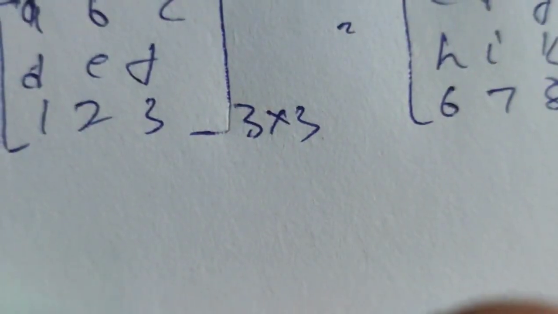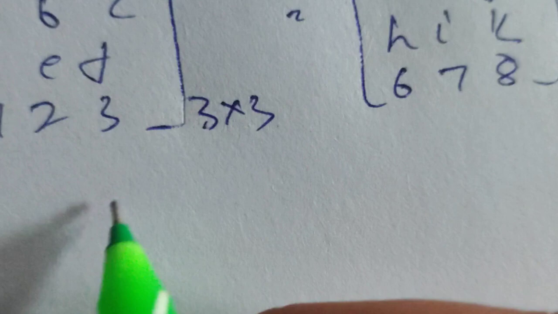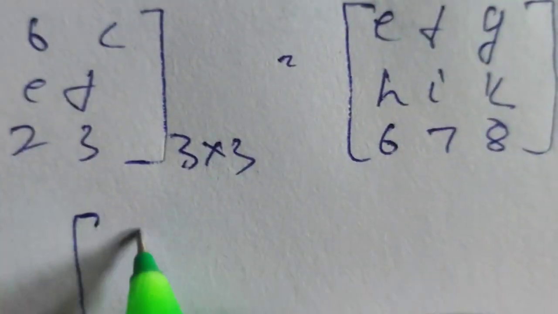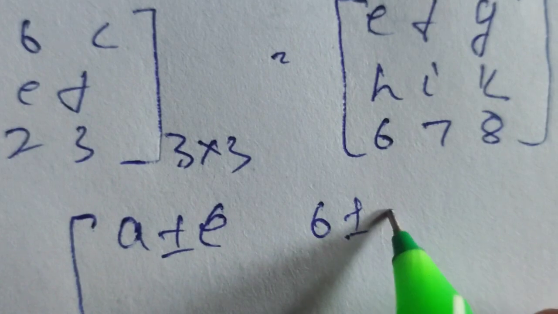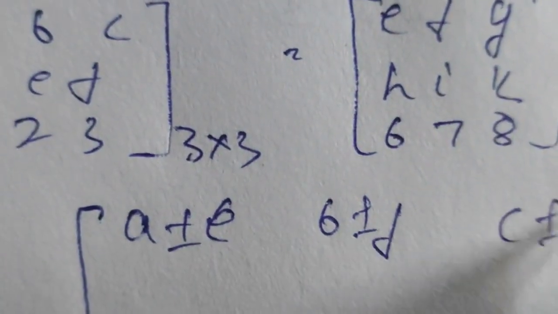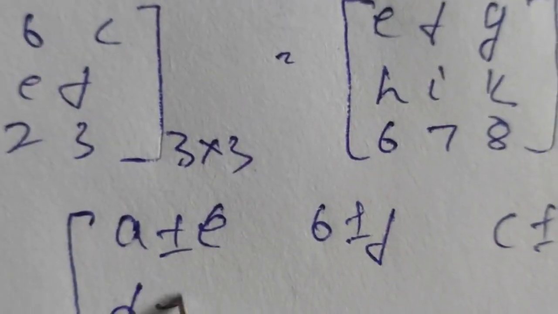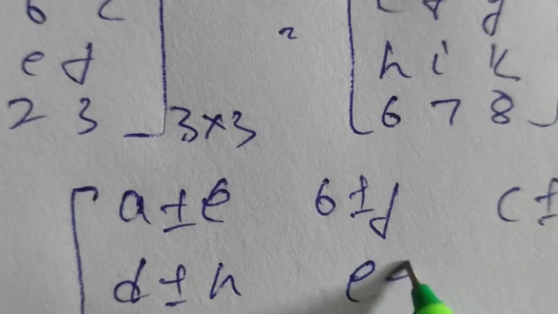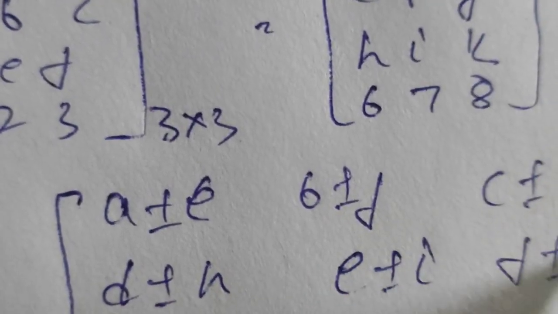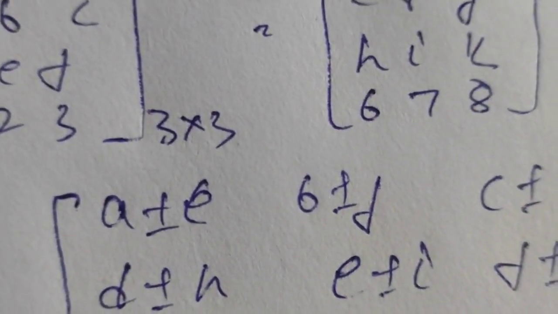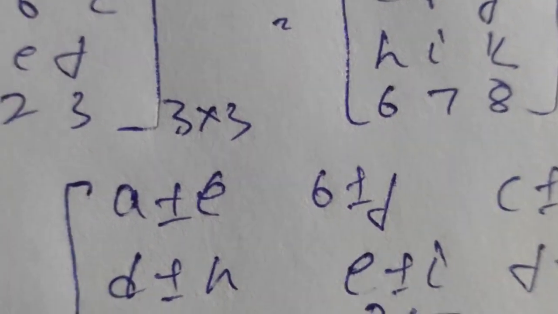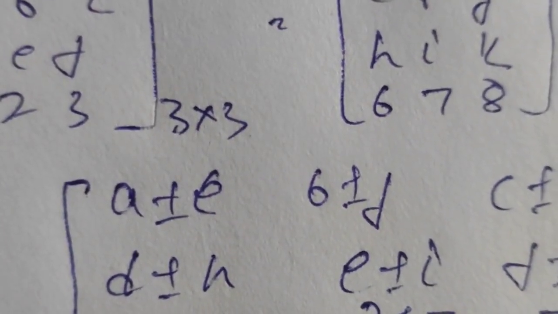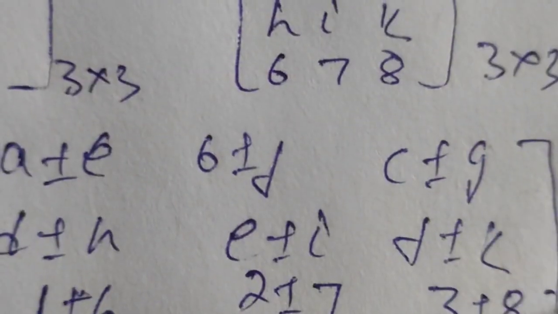Now A plus B, or subtraction, is the same: A plus or minus E, B plus or minus F, and C plus or minus Z, D plus or minus H, E plus or minus I, and F plus or minus K. And similarly 1 plus or minus 6, 2 plus or minus 7, and 3 plus or minus 8, which is 3 cross 3.